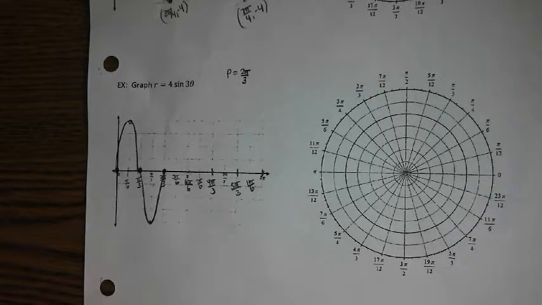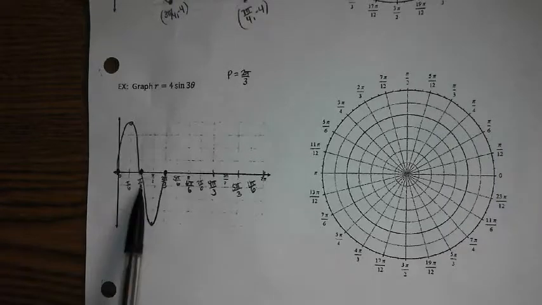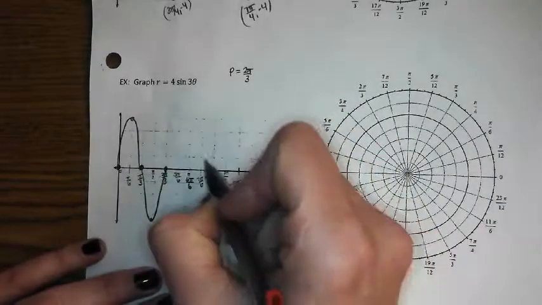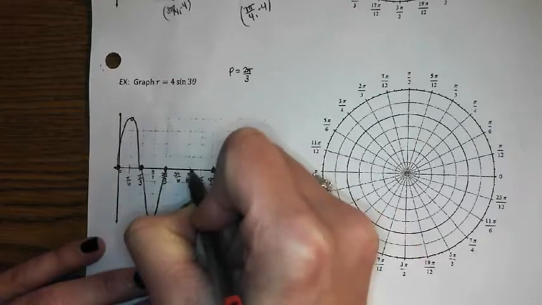A little bit tricky there with the scaling and figuring out what each hash mark stands for, which we find out is pi over 6, and then 2 pi over 6 changes, 3 pi over 6 changes because they reduce. So our second cycle has to finish by 4 pi over 3.